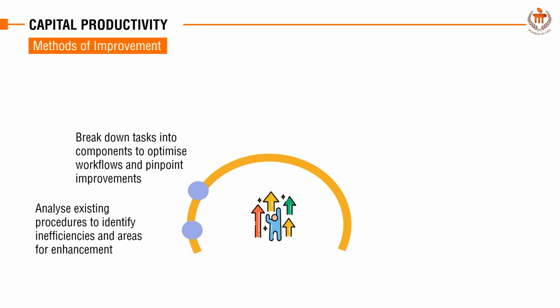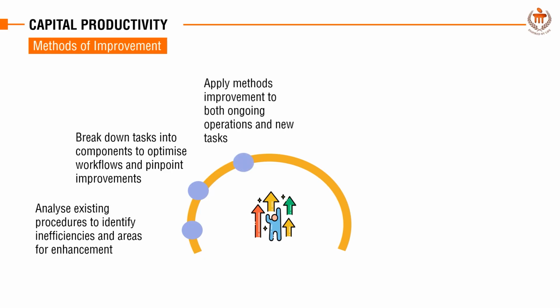This granular approach allows for a detailed examination of each component, making it easier to identify specific areas for improvement and optimize workflows. Methods improvement applies to both ongoing operations and new tasks.